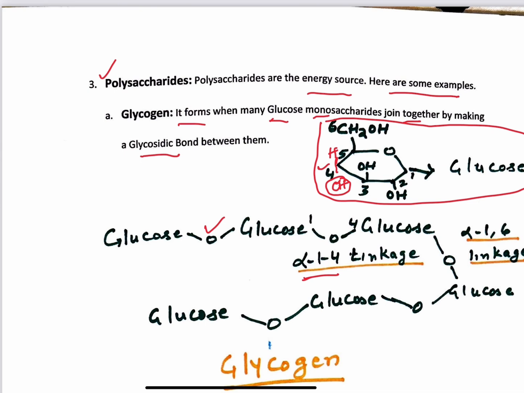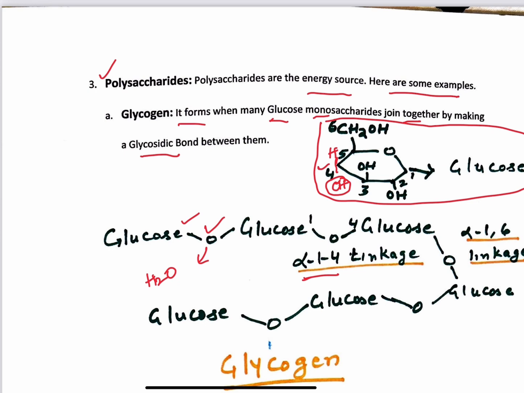The alcohol right here will join the hydrogen from this previous glucose, and water is taken out, and that makes it esterification, called a glycosidic bond.